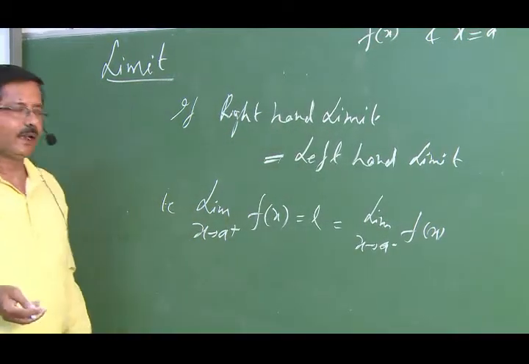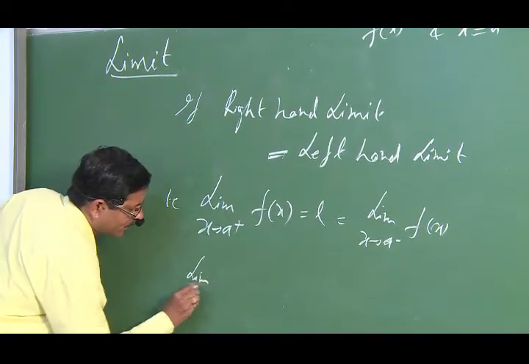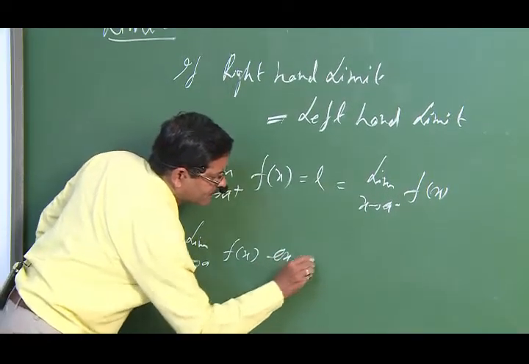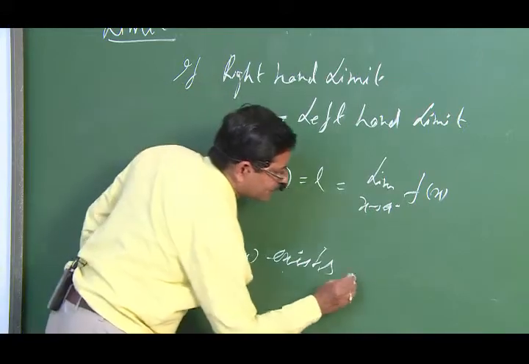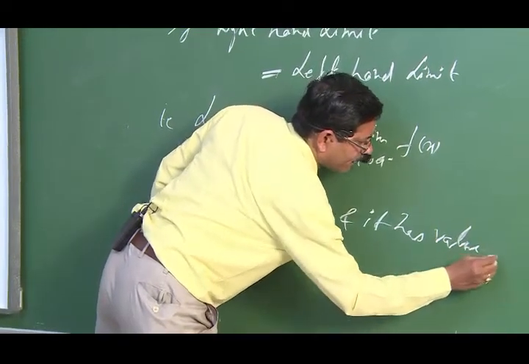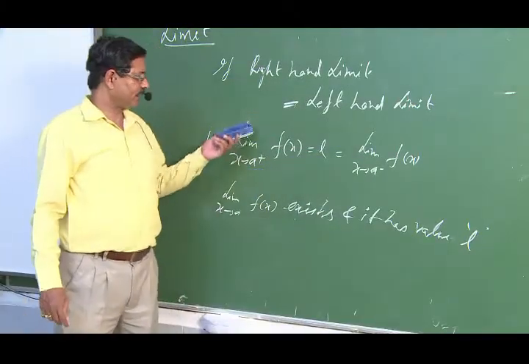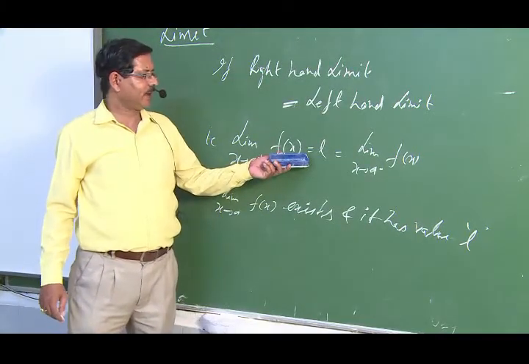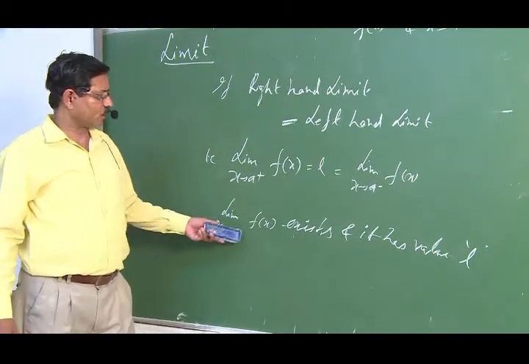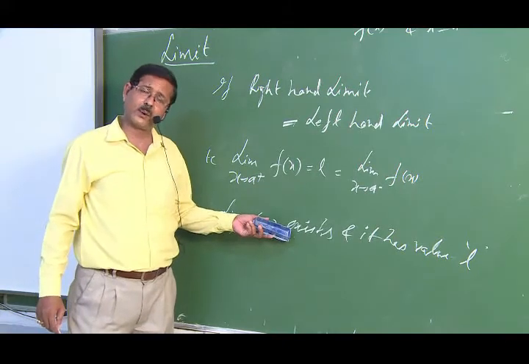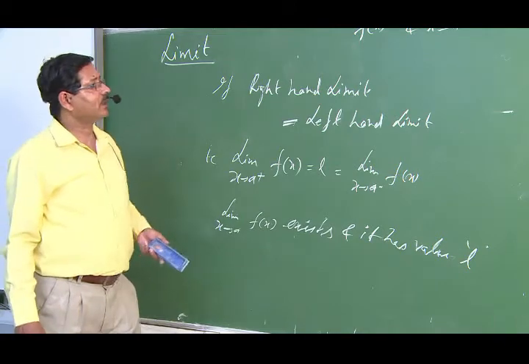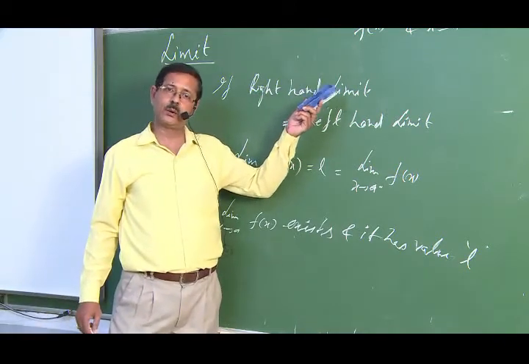Then we say that limit x tending to a of f(x) exists and it has value small l. That is, if left hand limit is equal to L and right hand limit also equals L, then we say that limit x tending to a of f(x) exists and its value is small l. This is called the limiting value of the function at point x equal to a.